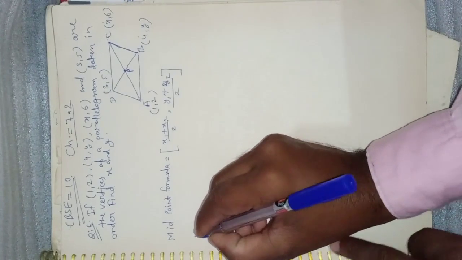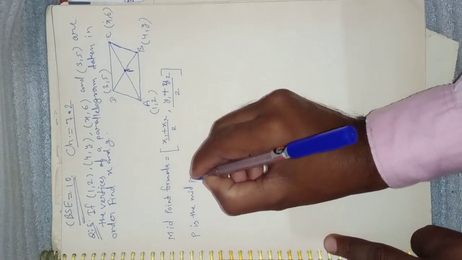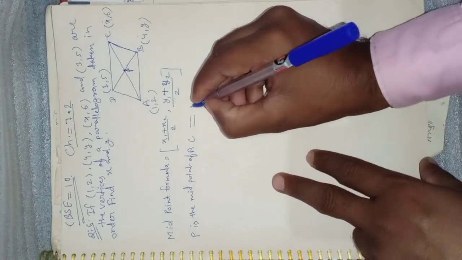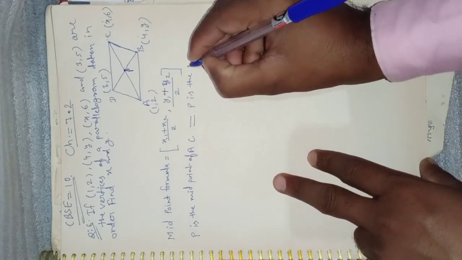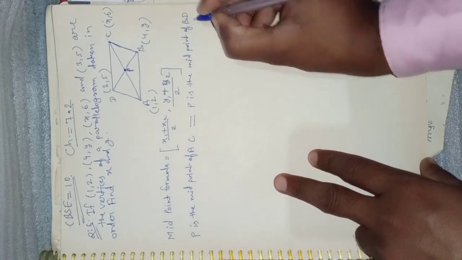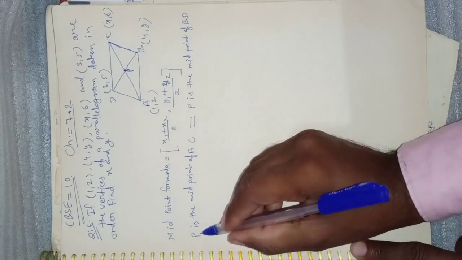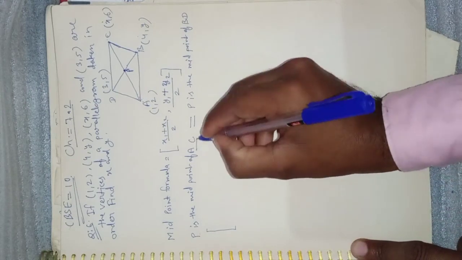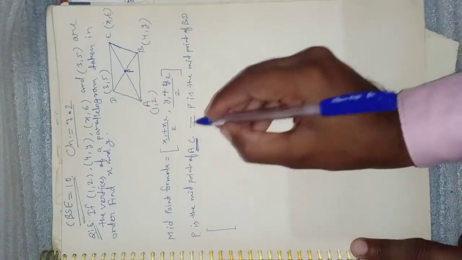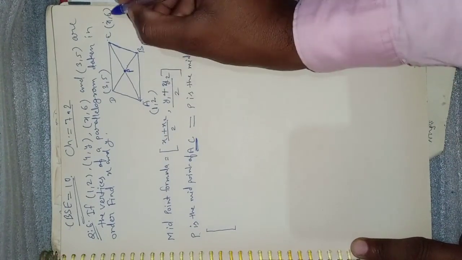P is the midpoint of AC, and P is the midpoint of BD. First find the coordinate of P from AC. x1 is 1, x2 is x, y1 is 2, y2 is 6.